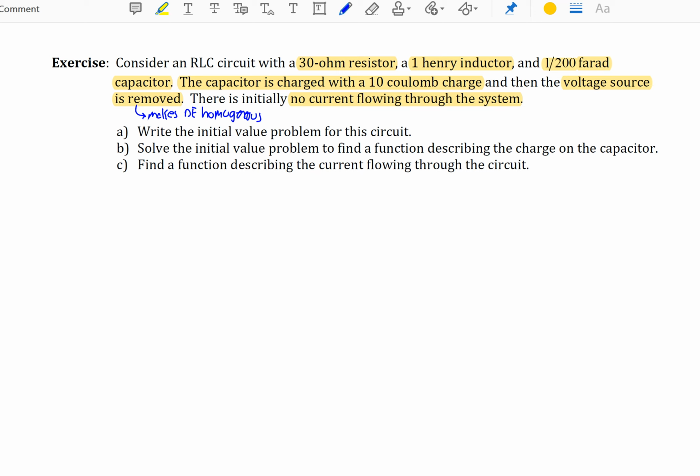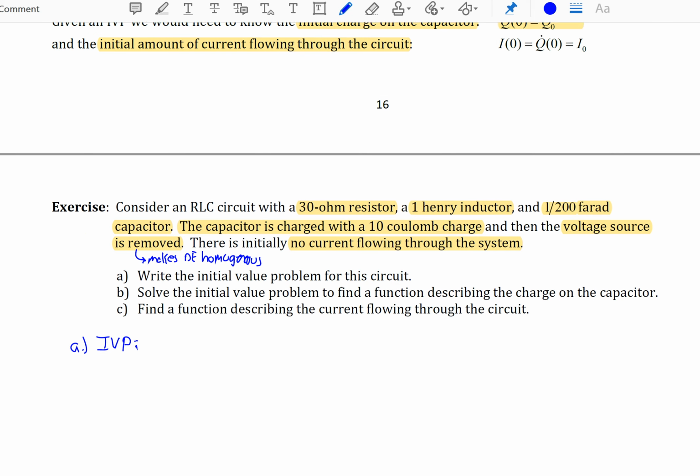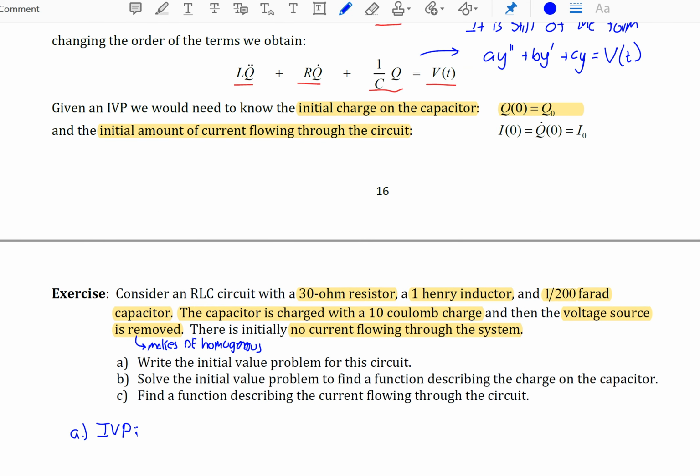Okay, so let's model this circuit. I'm going to start by writing the IVP. So looking back, we want to remember that our differential equation is always going to be your inductor, your resistor, your capacitor.